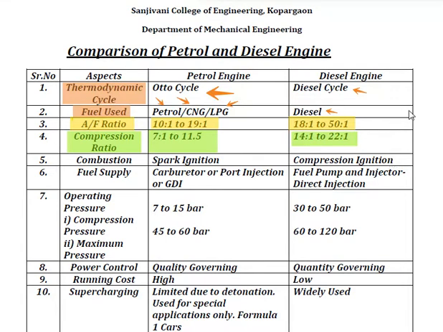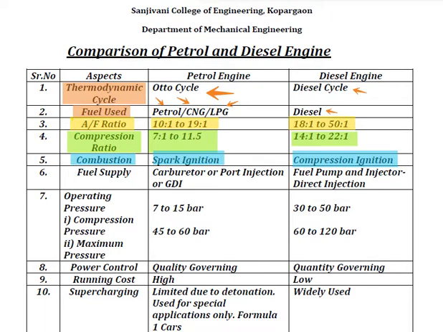The next comparative point is combustion. How does combustion occur in a petrol engine? Combustion happens with the help of a spark plug. The ignition source is the spark plug, whereas in the case of diesel engines it is compression ignition. The next comparative point is the fuel supply.